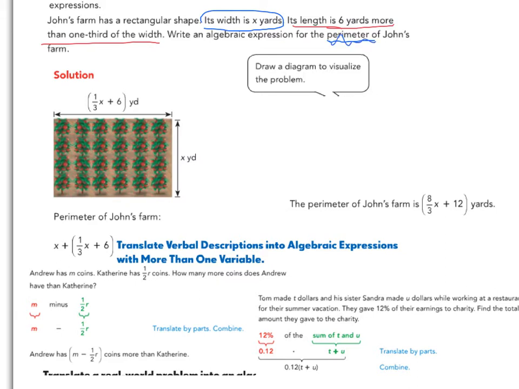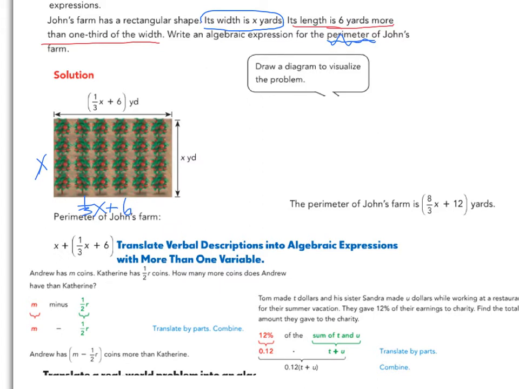So here's our picture. We drew a rectangle. We have X yards for the width. We have 1/3 X plus 6 yards for the length. Now remember, if this is X yards, over here is X yards, and if this is 1/3 X plus 6, down here is also 1/3 X plus 6. Now if we want to find the perimeter, we have to add all those sides together.